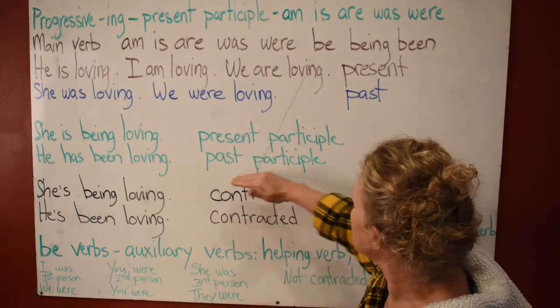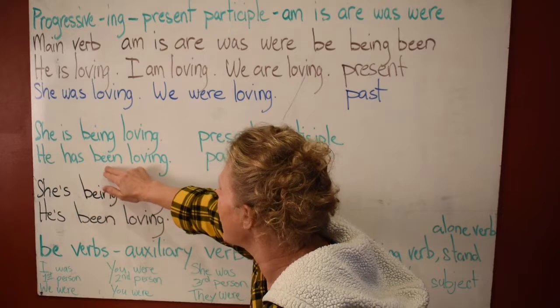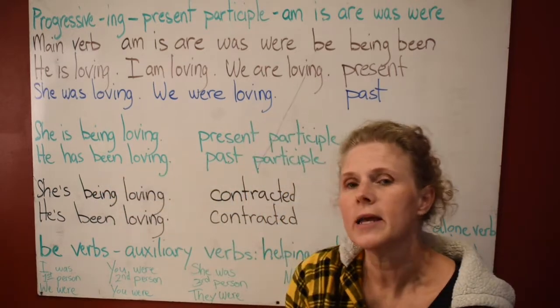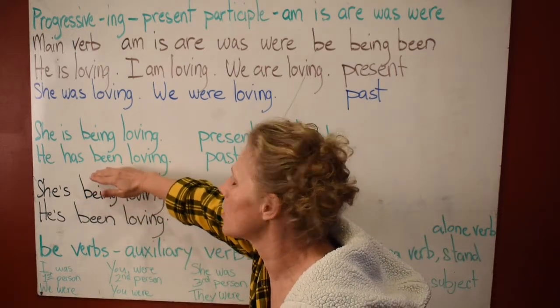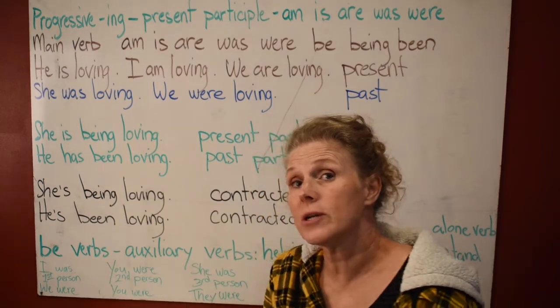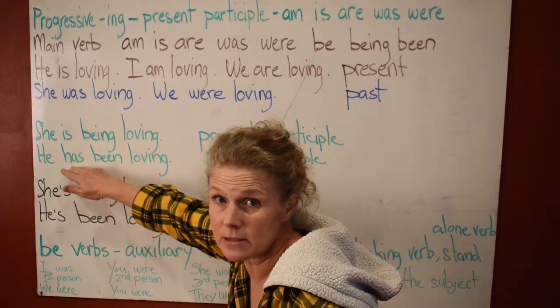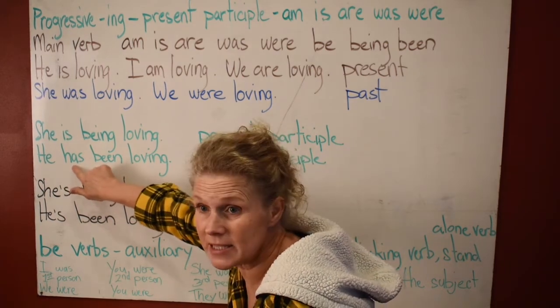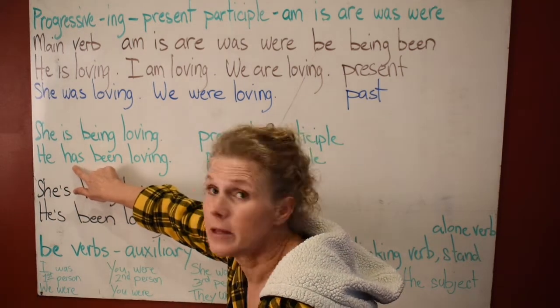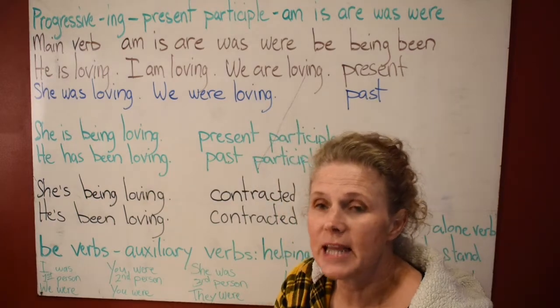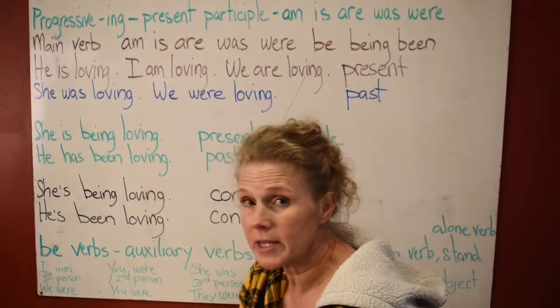So this is the past participle. This is called the past participle. No matter what, this will be called the past participle, even though it's going to sit in the perfect tense, in the present. This is the present tense verb in the perfect tense. Okay, so look at this.